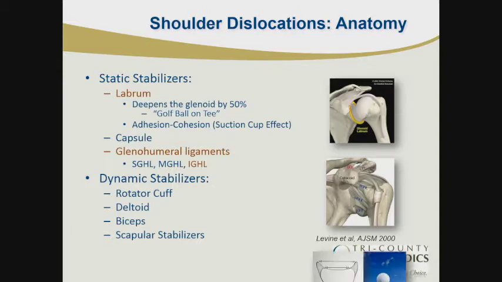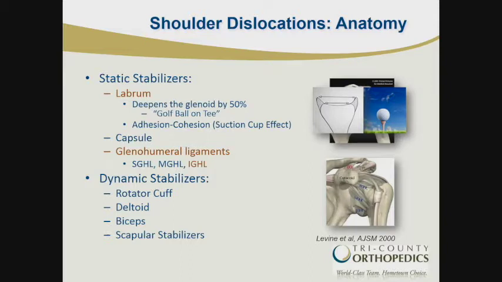The analogy we like to use is the golf ball on a golf tee. And that labrum, which is here, helps deepen that socket by about 50%. It also forms a suction cup type effect, that adhesion-cohesion effect that helps keep that ball centered in the socket.